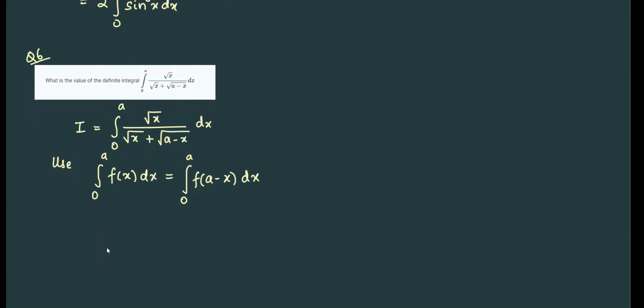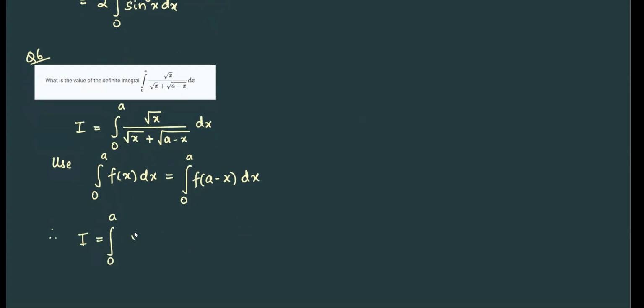Now we use this property, integral 0 to a f of x dx is equal to integral 0 to a f of a minus x dx. Therefore, I will be integral 0 to a.